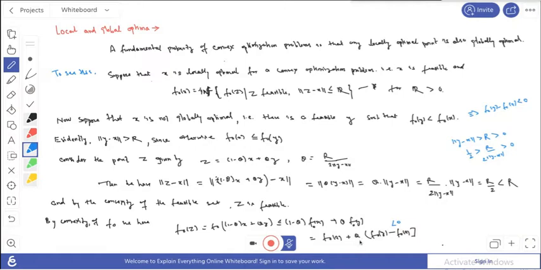Theta is greater than 0, so the product of these is negative. So if we eliminate this negative term, we have f naught of x.